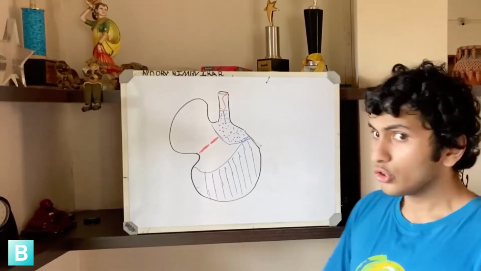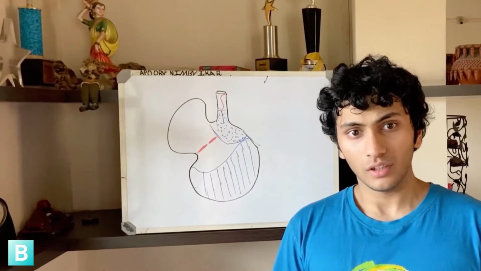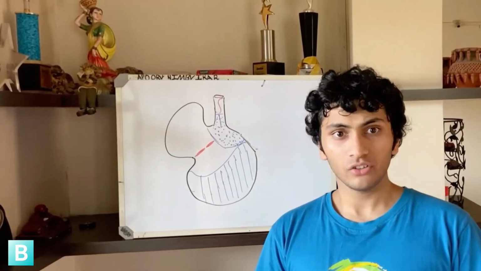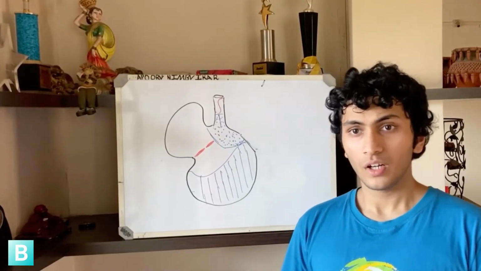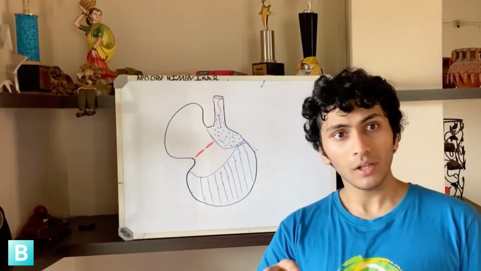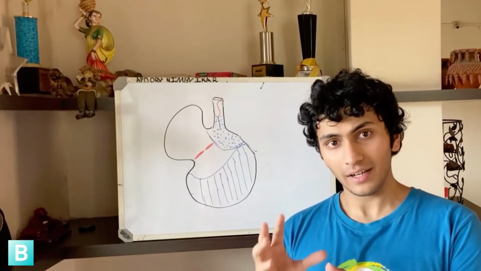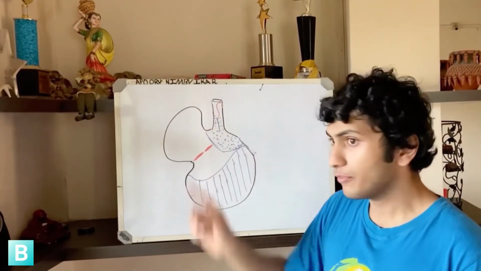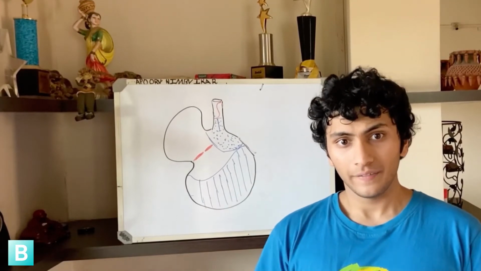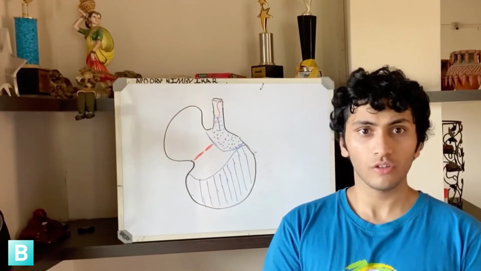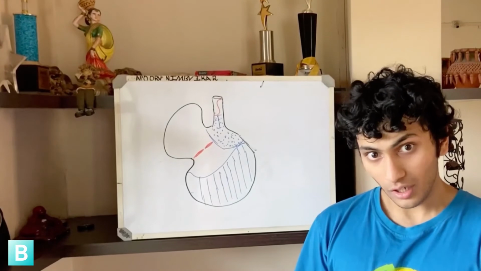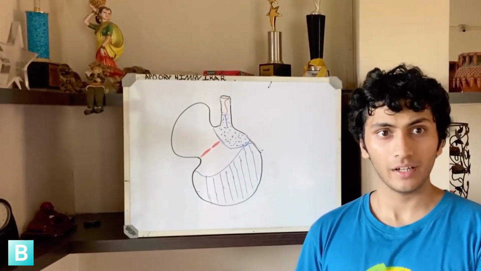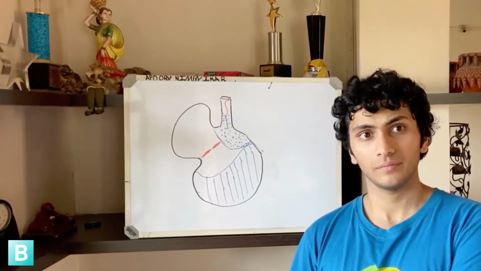So failure of migration is going to result in persistent truncus arteriosus, which means that there will be a common outflow tract for the right as well as the left ventricle. And if this septum fails to spiral, that will lead to transposition of the great vessels. The aorta will arise from the right side, whereas the pulmonary artery will arise from the left side.